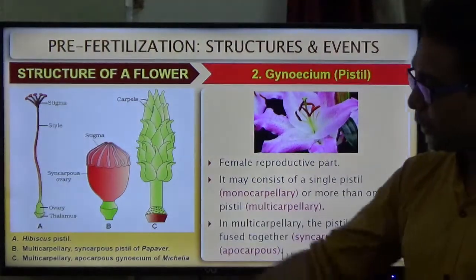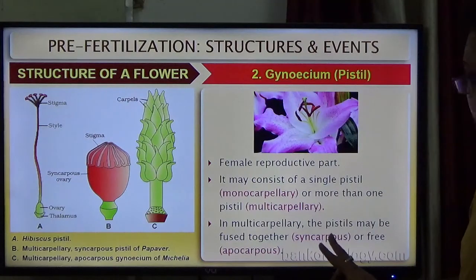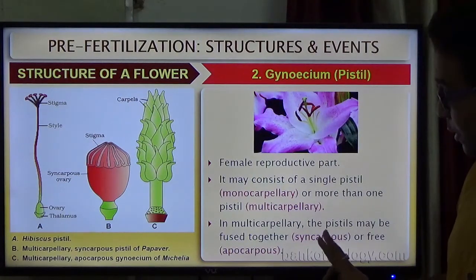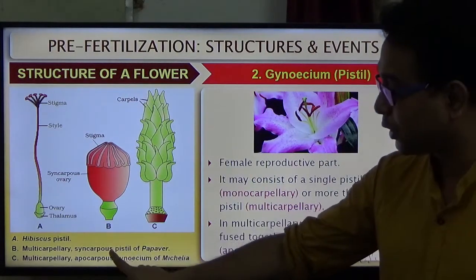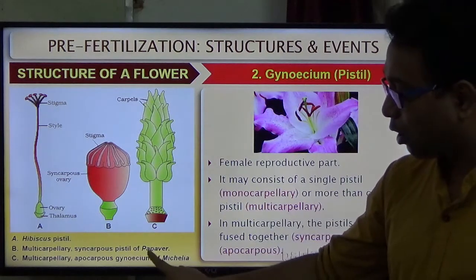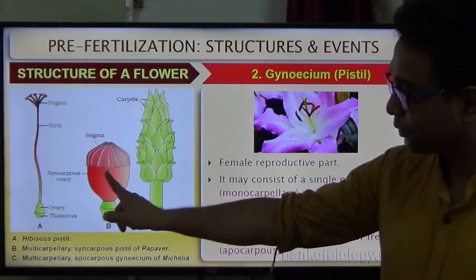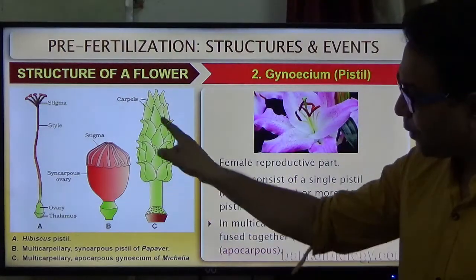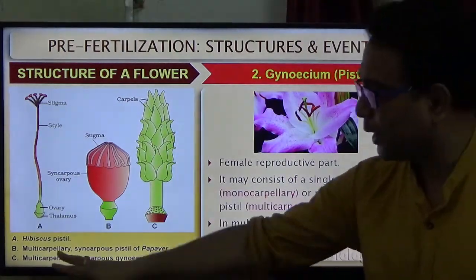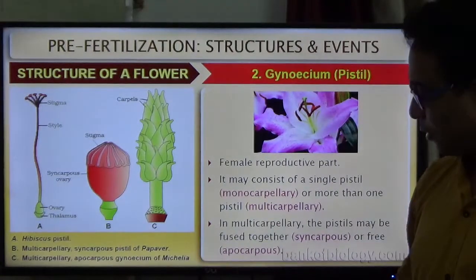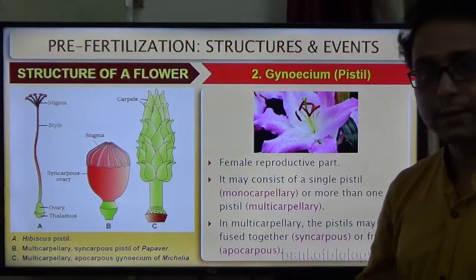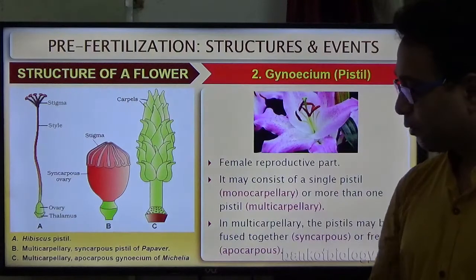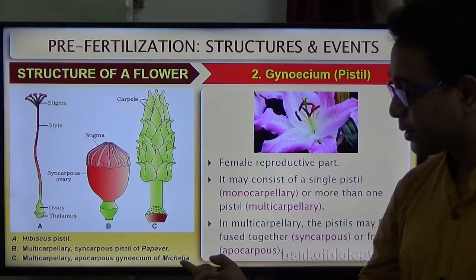Multicarpellary, syncarpous. Already we know that syncarpous means fused, so single pistil, in papaver. This is picture number 3. Many carpels, so multicarpellary, that means apocarpous gynoecium, right? Of Michelia.